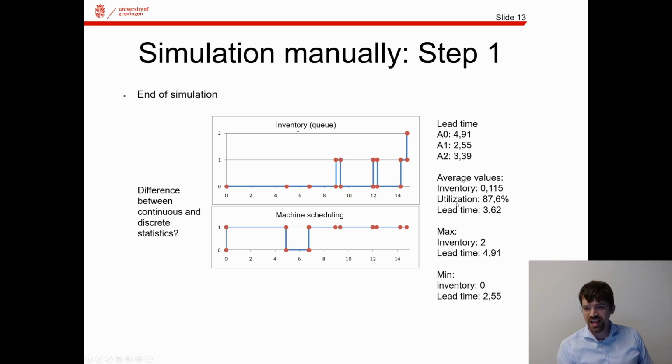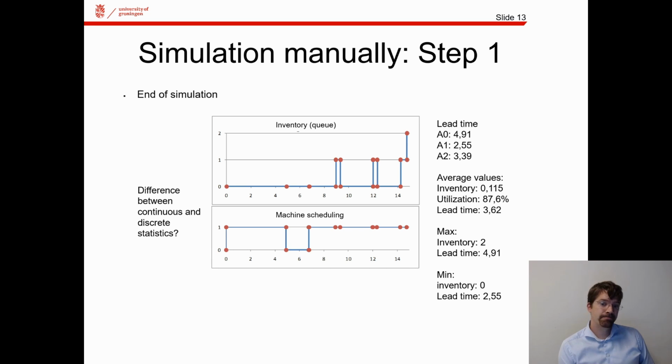If you would take the average values of the inventory, you would have problems when the inventory goes to 1 or to 2, because this would not then be allowed.